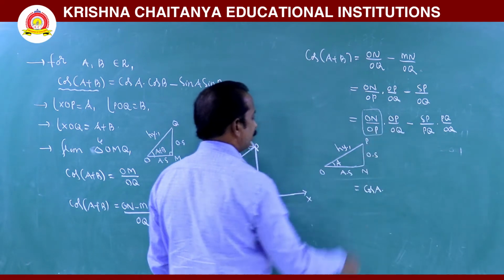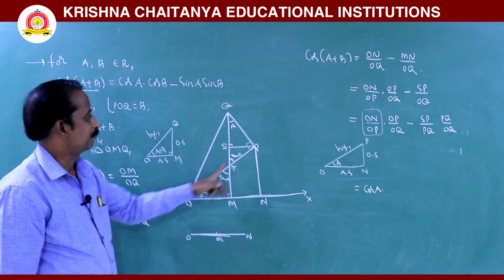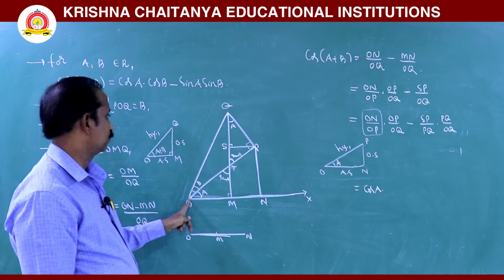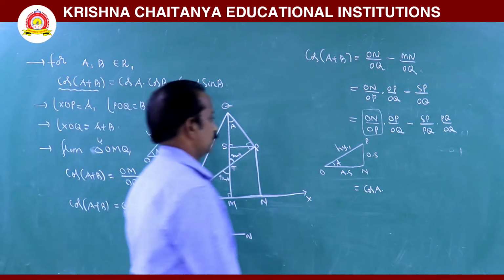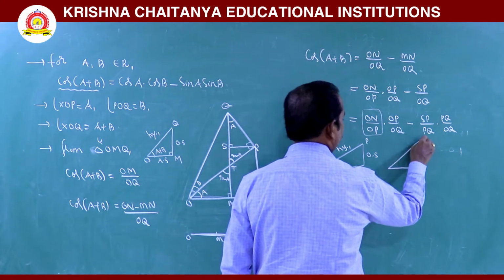That is equal to cos A into OP by OQ. Here is a right angle triangle OPQ. So let us consider triangle OPQ.